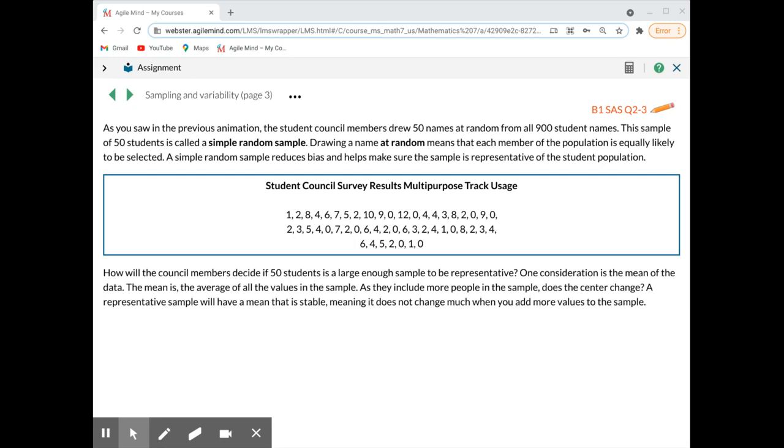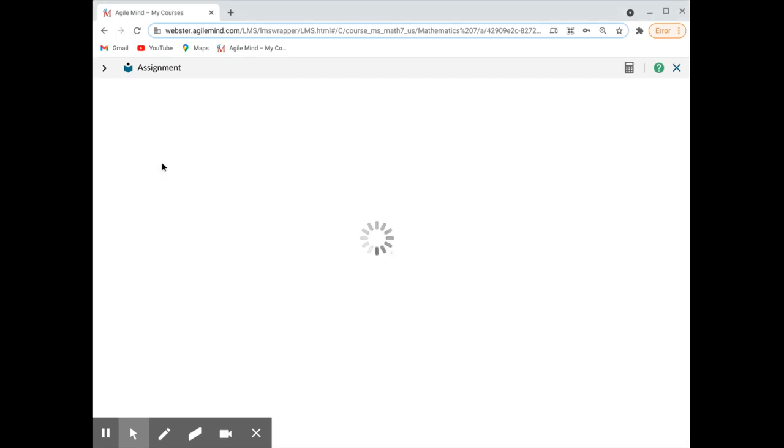What is the sample? The random students they drew. Correct. And they drew a smaller group of how many students? Was it 50 or was it 30? I don't remember what it was. Let's go look.